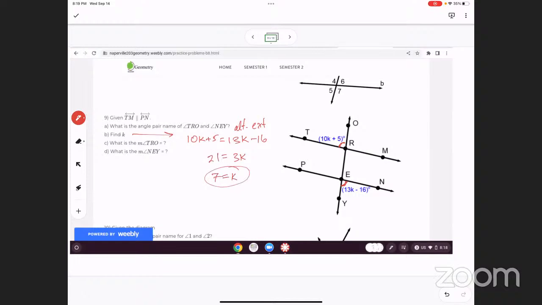Got it? So now how do you find the measure of TRO? Then you just plug in 7, right? There you go. So it's 70 plus 5, which is 75. And then what would NEY be? Oh, you just plug in 7 too, so 13 times 7. It better be the same as the other one, right?